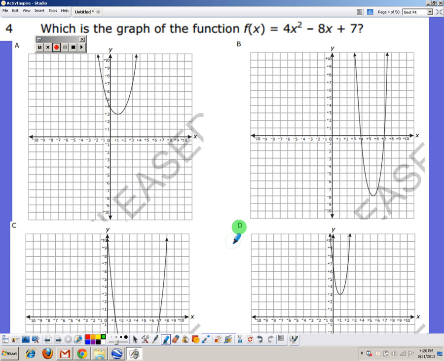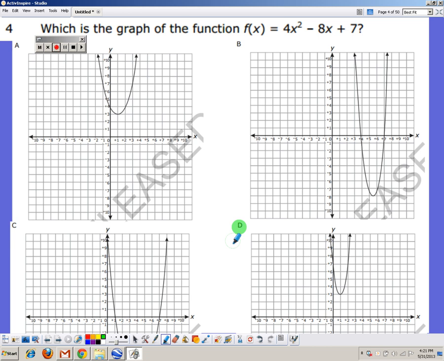Now, if there was another graph with a y-intercept of 7, then you will look at your coefficients for x squared. 4 is positive, okay? So it will make a u. Also 4, because the coefficient is 4, is going to make a slightly thinner or skinnier curve than a coefficient of 1 or 2.